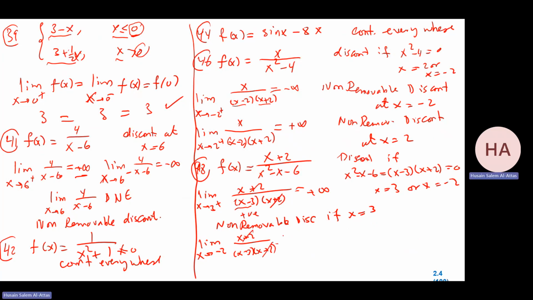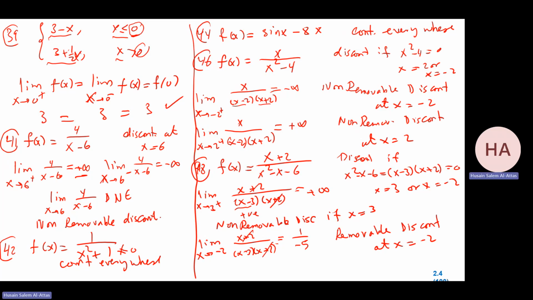Since x is not equal to minus 2, I'm getting 1 over minus 5. Here we have for sure limit exists, so we have removable discontinuity at x equal minus 2. Okay. I think it's a good question explaining removable and non-removable.